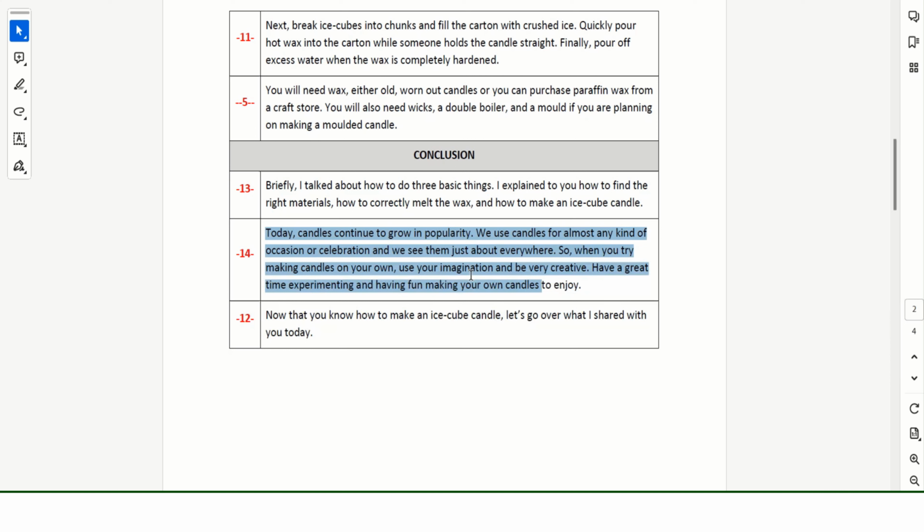Remember that in the beginning of the video, I talked about a funnel concept or inverted pyramid in writing an essay. So you should start with the general statement, and then you narrow it down to the body paragraph. Then lastly, you go to the conclusion. And normally, at the end of the conclusion, you're going to summarize what you have mentioned earlier.